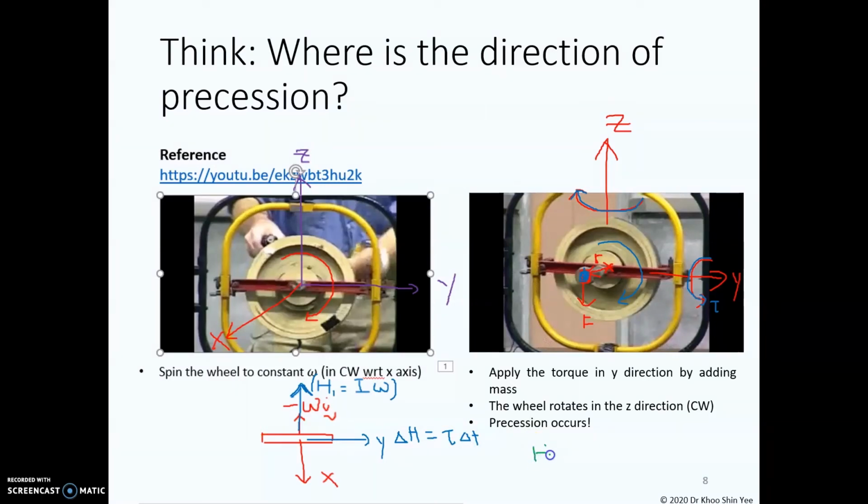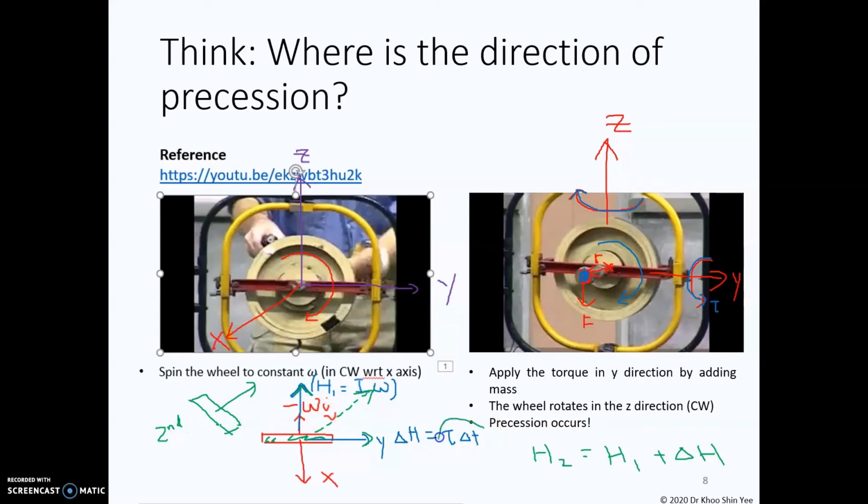So you know that h2 is equal to h1 plus the change of the angular momentum. Take the summation of these two vectors, and you obtain the resultant to be here. It means that the wheel here will rotate in this direction at the second stage.